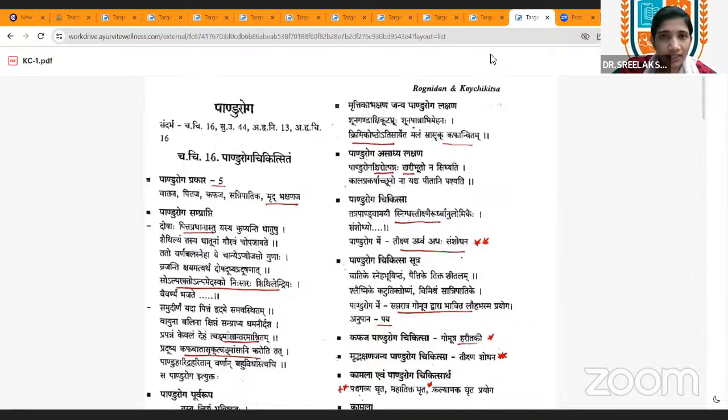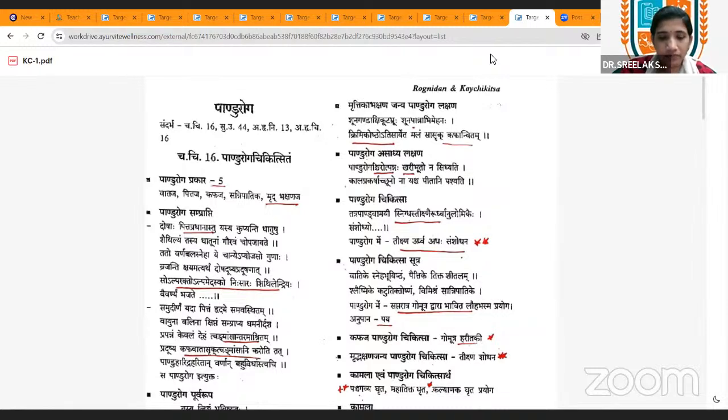But in Ashtanga Hridaya, the Acharya mentioned only 4. Except Vata, other Dushyas are mentioned. So in Ashtanga Hridaya, Vata is not mentioned. And in Sushruta Samhita, the Acharya mentioned Rakta as the Dushya.